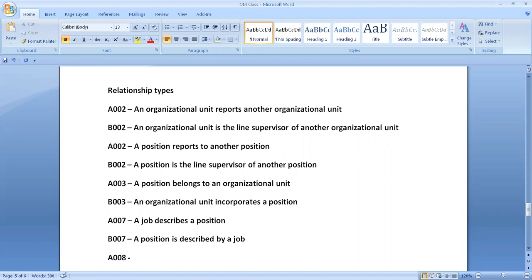A008. So you can say a position is occupied by a person.